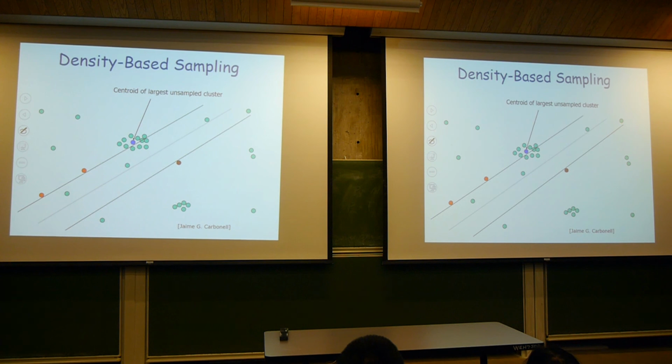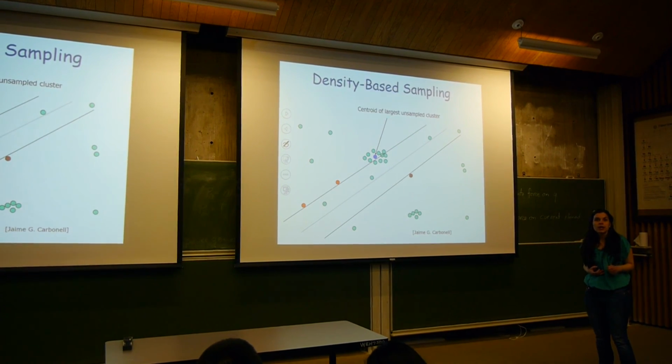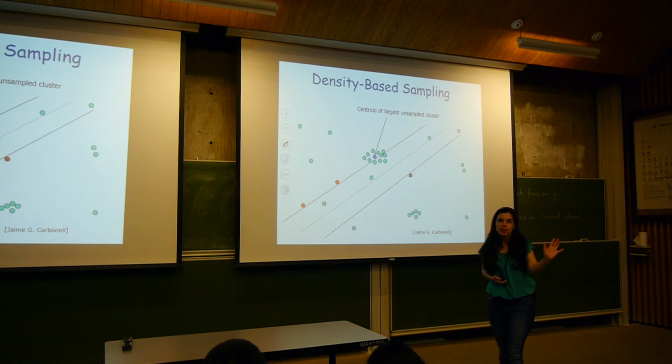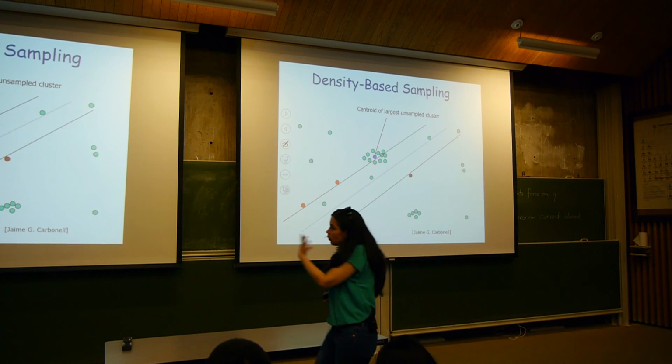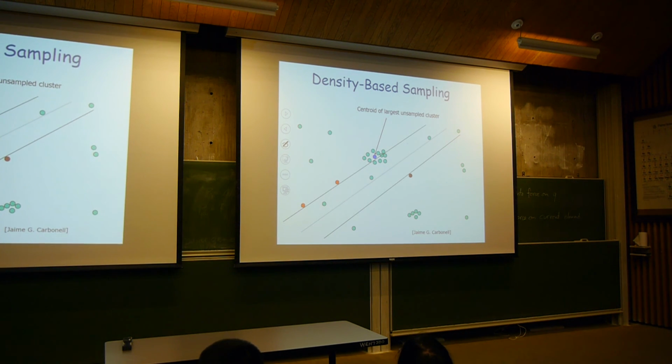You can think about whether there is a large cluster from which I don't have any labeled points. I'm going to pick a point from that large cluster, query it, and then update my hypothesis. That's density-based sampling. I don't know any formal guarantees for this. I'm sure it can suffer from sampling bias, but it would be interesting to understand when it does well.